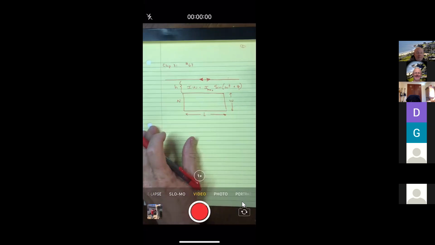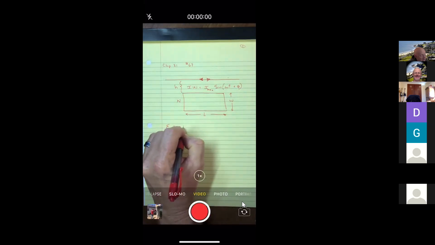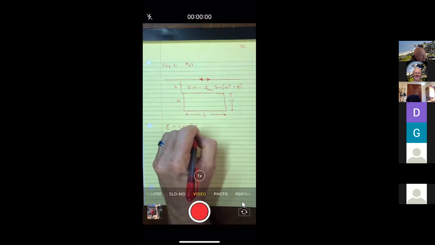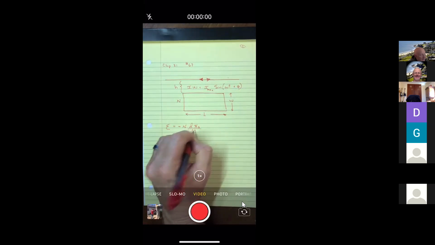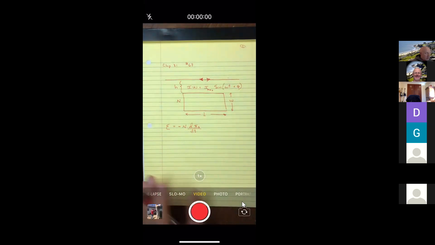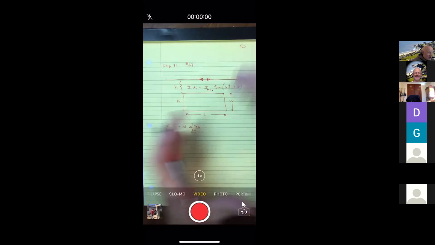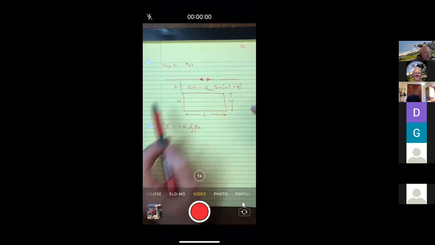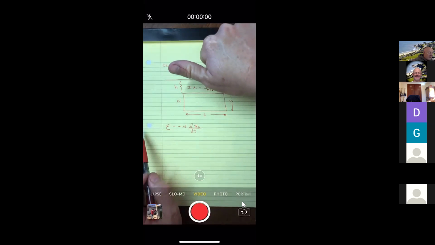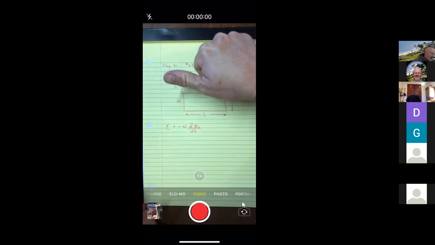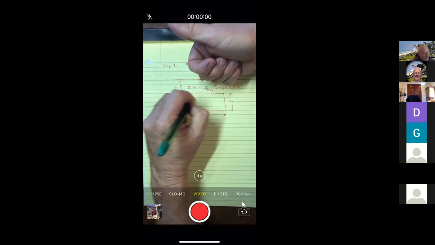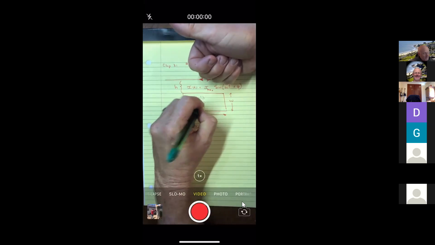But this whole chapter 31 was about Faraday's law, which says this is how you calculate the EMF. It's based upon the change in flux. So we need to look in the problem and say, where is there a change in flux? And of course, this wire has a current that's changing. If the current was going, as my thumb's pointing, to the left, then the flux would be coming straight out.